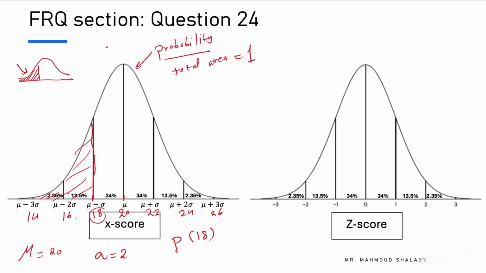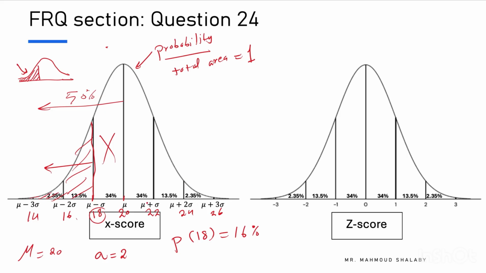I know all of this side equals 50%, but I will not take the 34, so the remaining area under the curve will be 50 minus 34. This means the probability is 16%.